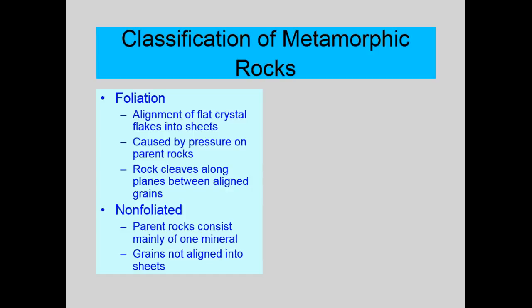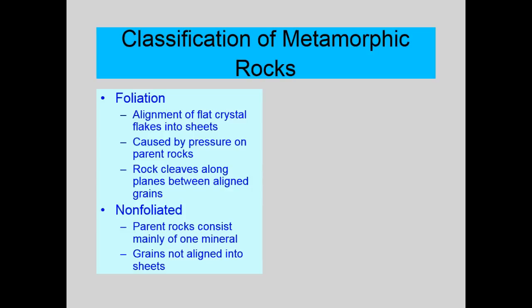Remember, we said the shale was in sheets, the slate was in sheets, the schist a little less so. Your clay minerals quite often are in sheets. Your micas are definitely in sheets. So foliation, that's one way we classify metamorphic rock. How well are they layered?